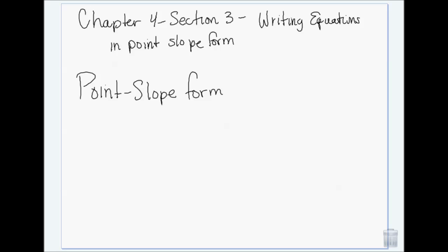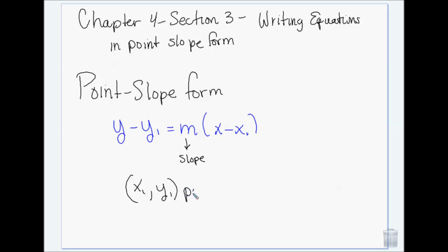All right, so the point slope form of the equation is y minus y1 is equal to m times x minus x1. Where m is the slope, as usual, and then x1, y1 is a point on the line.